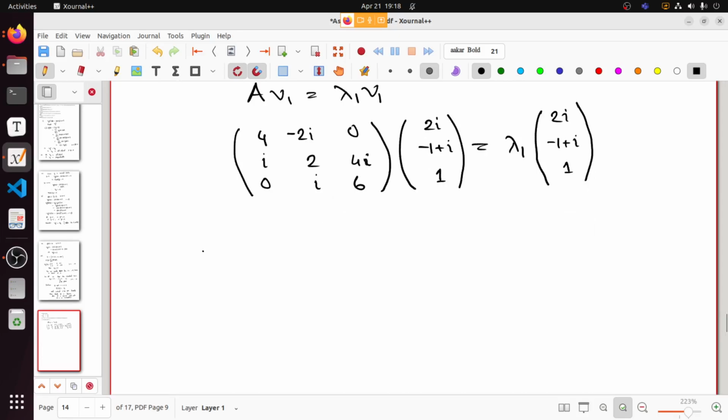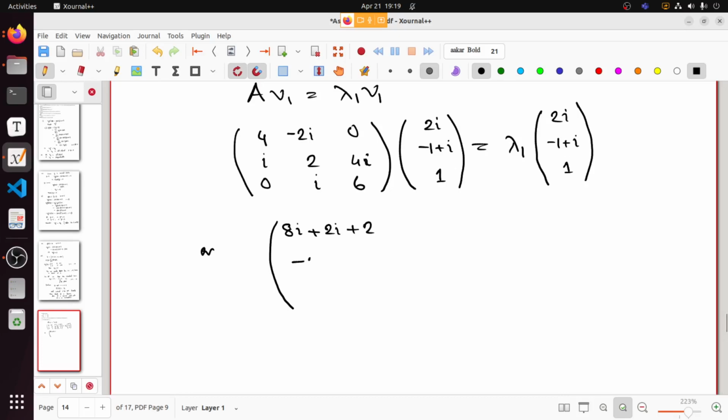So let's compute the left hand side. This is the matrix multiplication. So you will get 8i plus 2i plus 2 plus 2i plus 2, which finally multiplied with i will get 2, and the last one is 0.